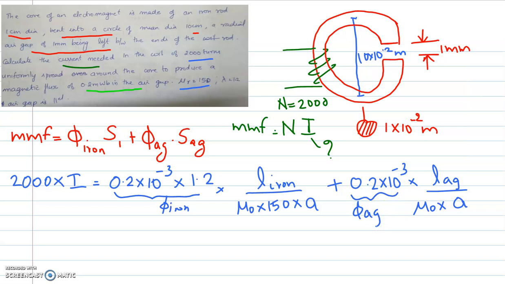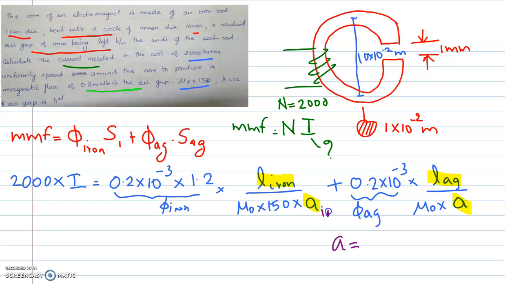So our intention will be now to find out what is the length of the iron path, area of the cross section, length of the air gap and area of the cross section. Since the circuit is a series circuit and the air gap is made across the existing circular electromagnet, therefore the area of cross section A will be the same both in the iron path and also in the air gap.